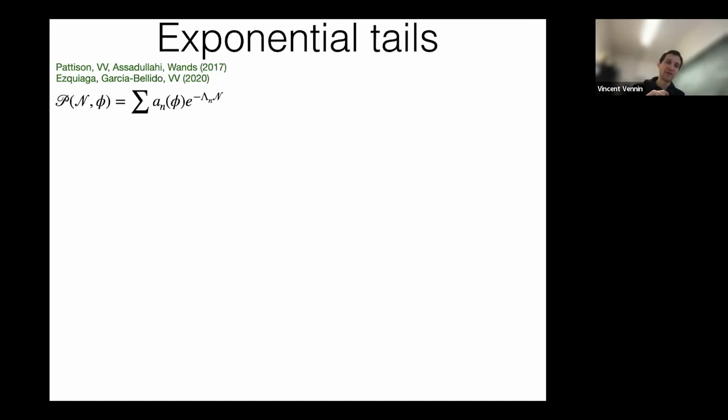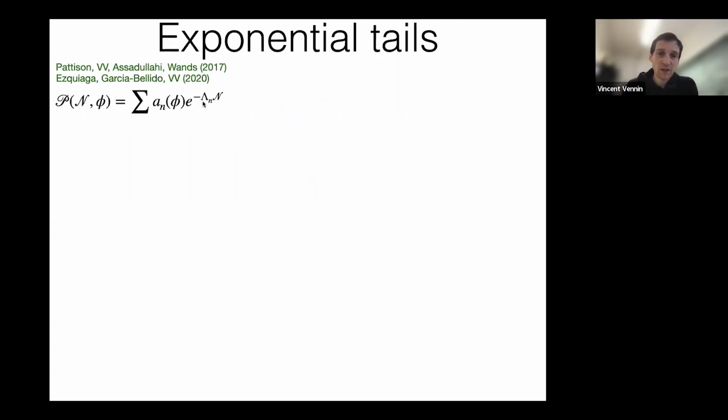So of course the details depend on the model, but there are a few facts which happen to be completely model independent. And the first fact is that the tail of the first passage time is always exponential. This is something that we managed to show in those two papers: on the tail, you can always expand the distribution function of the first passage time in this way.